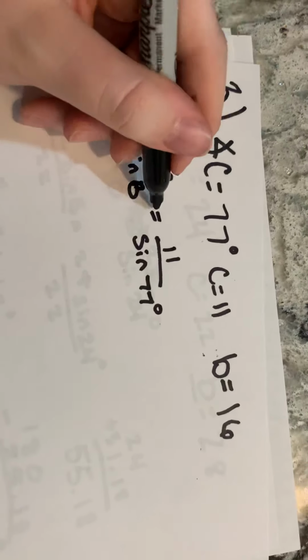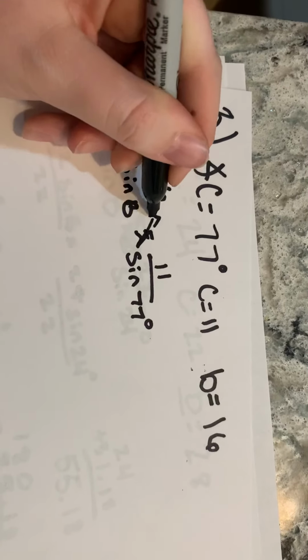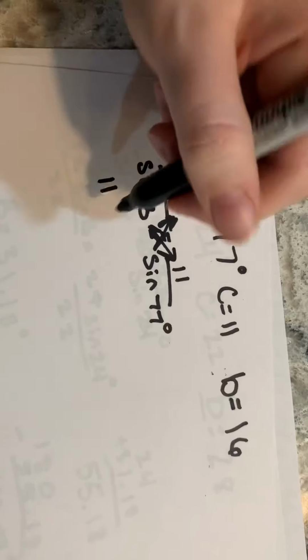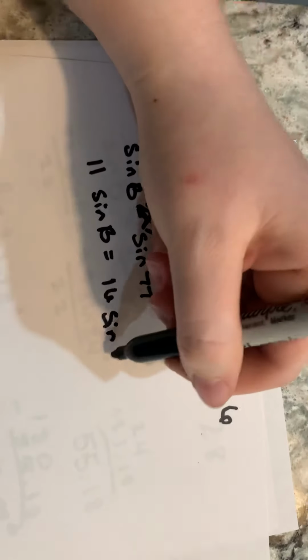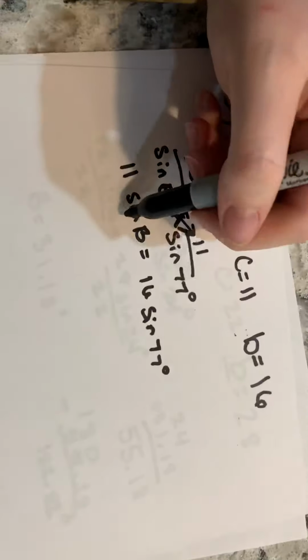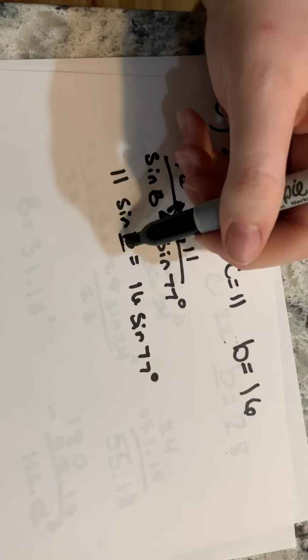So we go through the motions of cross multiplying to get 11 sine of b is equal to 16 sine of 77 degrees. And then we want to get sine of b by itself again.